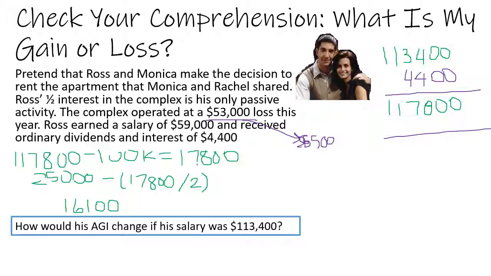We deduct this from Ross's ordinary income, which gives him an adjusted gross income of $101,700.